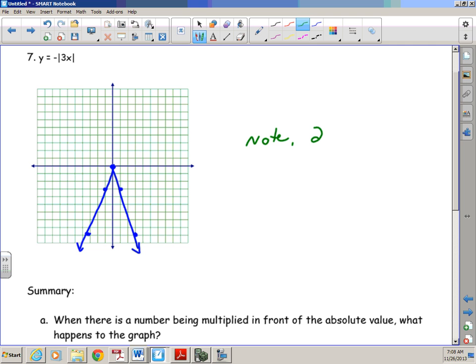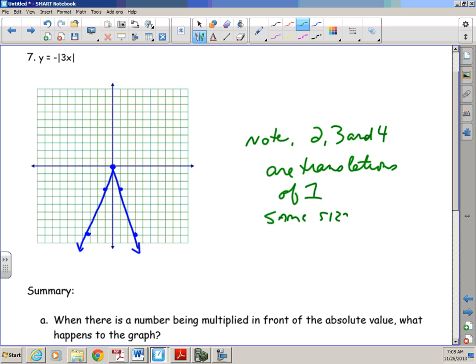Note that 2, 3, and 4 are translations of 1. In other words, same size and shape, congruent figures, just moved by sliding. That's what a translation is.